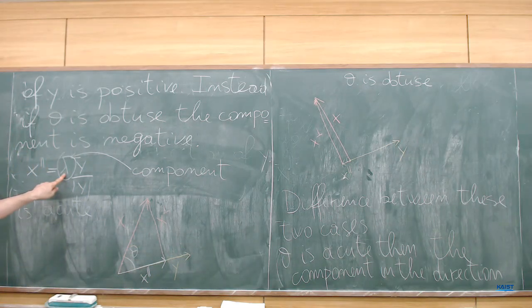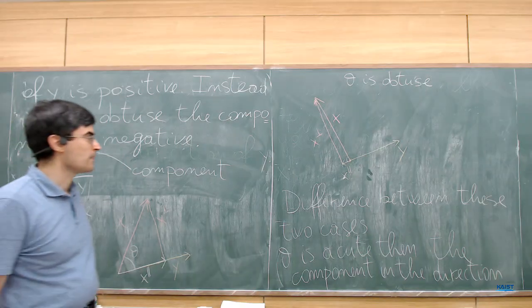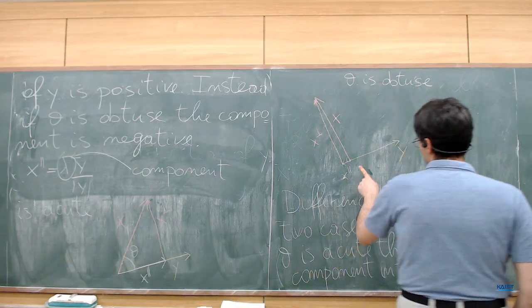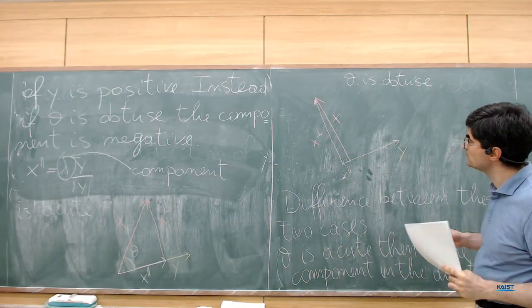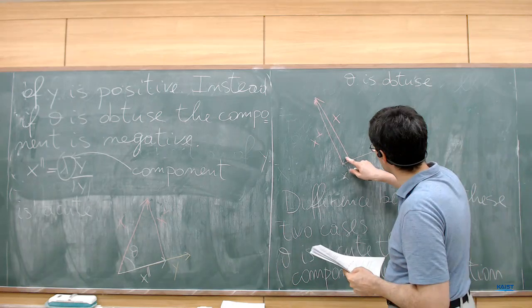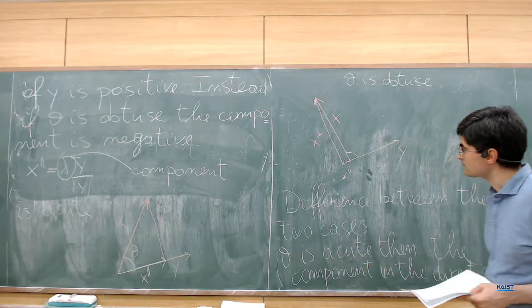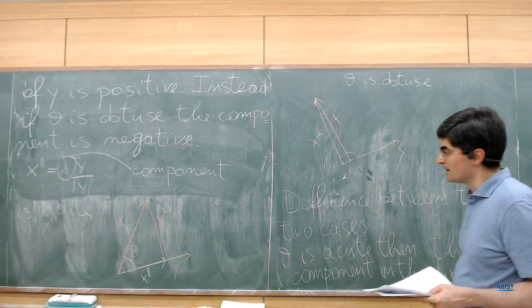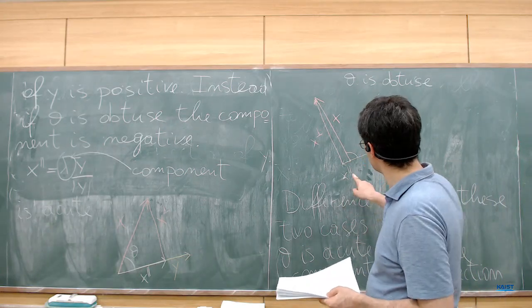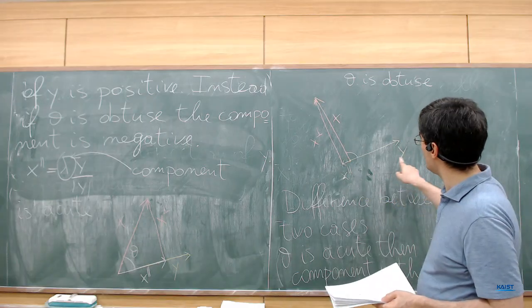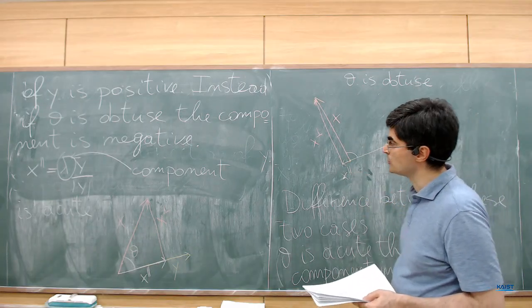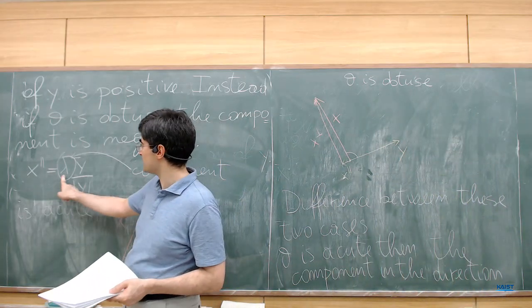This means that lambda is positive. In the second case, where theta is obtuse, sorry, I made a mistake. Theta is this angle here. Sorry. And the component, x parallel and y point in opposite directions. This means that lambda is negative.